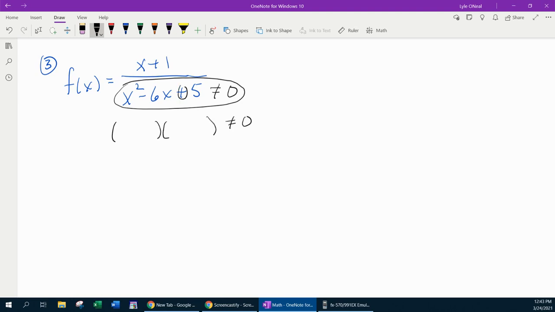If I read the signs, plus at the back means they're both going to be minus in this case. x and x to make x squared. And then numbers that multiply to make 5 that add to make -6 would be -1 and -5. And then I just need to set each factor equal to 0 and solve.